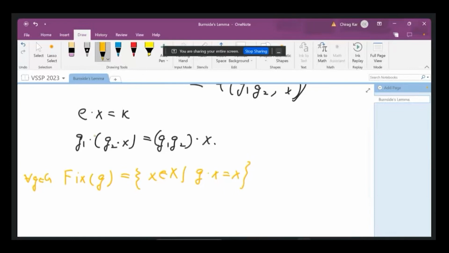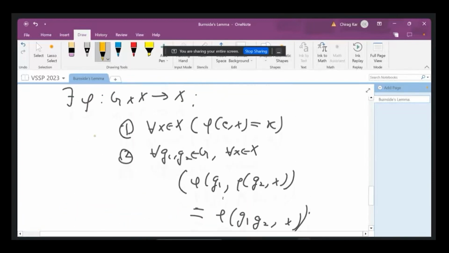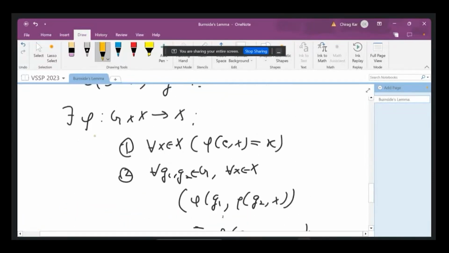So in essence, G fixes x. The idea of group action is that whatever is on the left, the group, acts on x very specifically. It takes an element over here, acts on this element over here, and produces another element over here. We'll see why that is important.